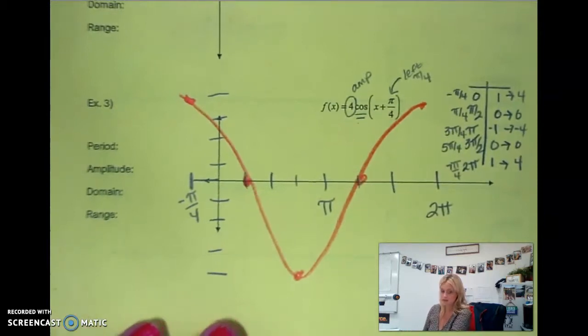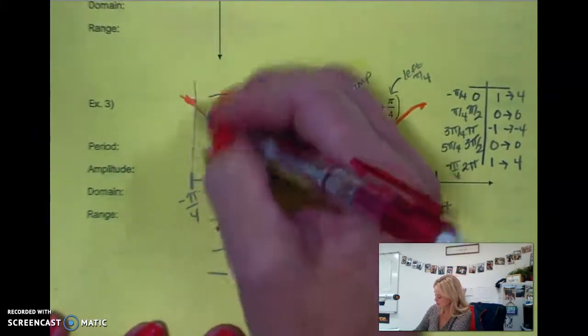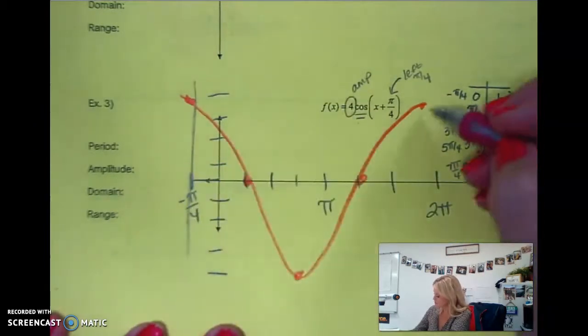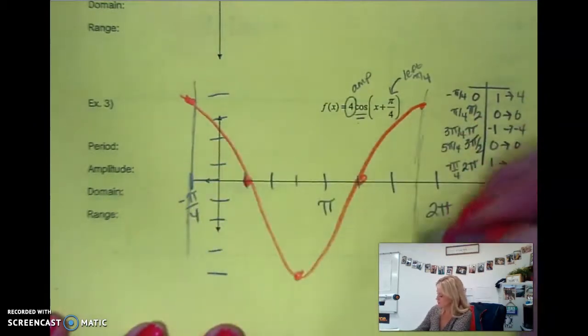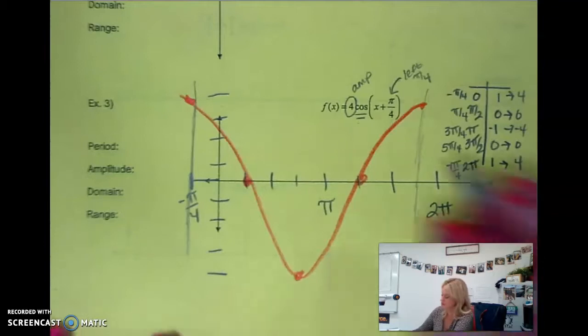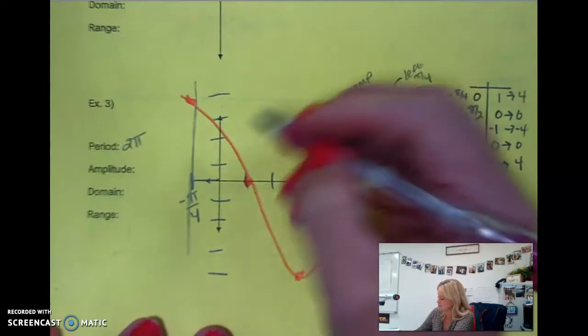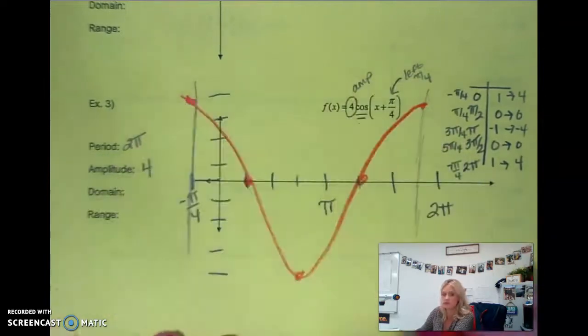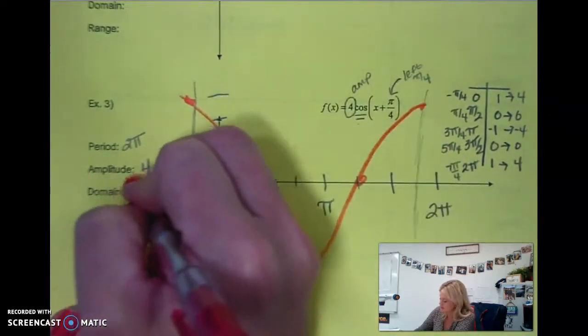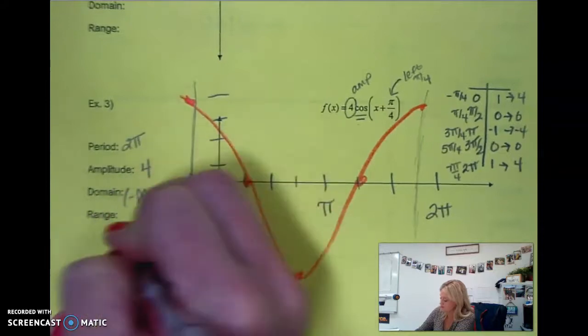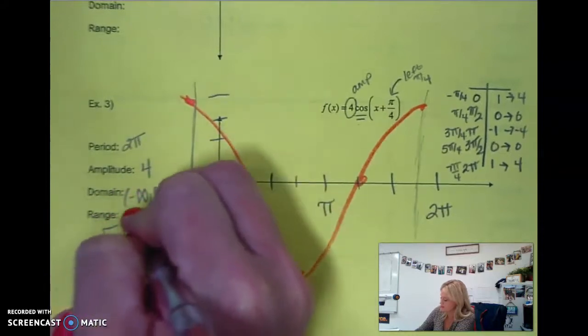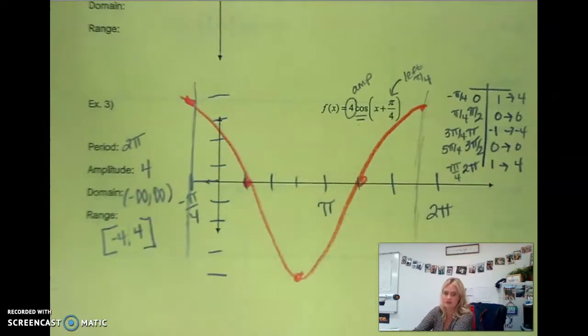My period, though, still went from negative 1/4 to positive 1 3/4. It's still 2 pi. It just shifted. My amplitude is as high as 4 and as low as 4. My domain is from negative infinity to positive infinity, and my range is from negative 4 to positive 4.